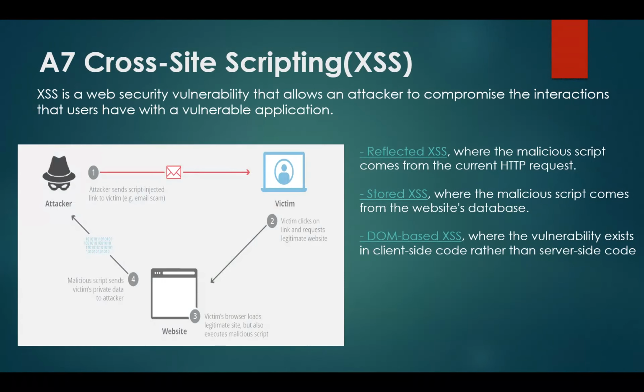This is the simple mechanism of how attackers approach the threat to the web server and users' information. Firstly, the attacker sends a script-injected link to the victim, and the victim does not know whether the script from the attacker is injected or not. Then the victim clicks the link and connects to the target website.